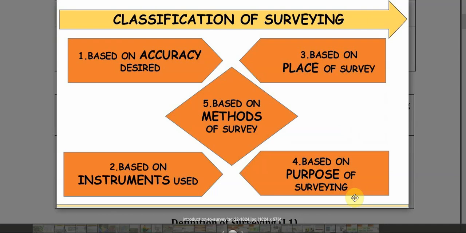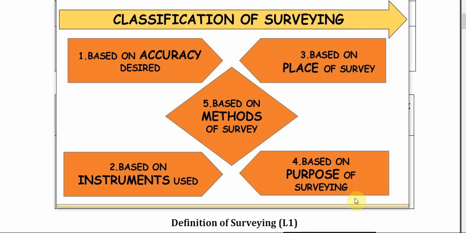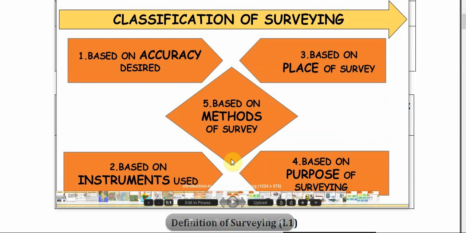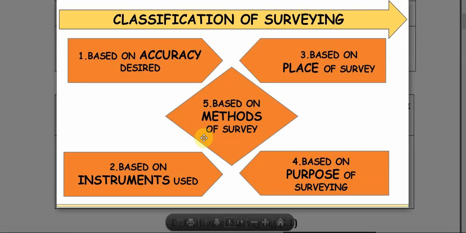Next, classification of surveying. The classification is based on different criteria for different things, such as the amount of accuracy desired, or the type of instrument used.